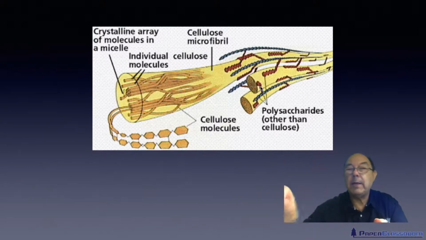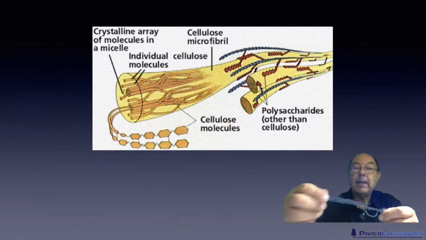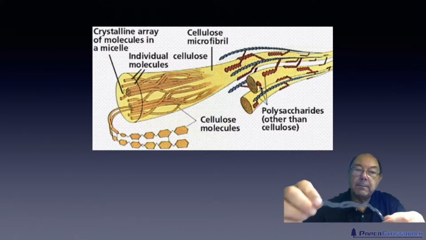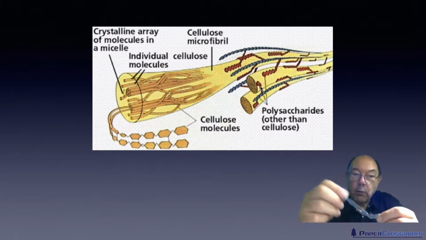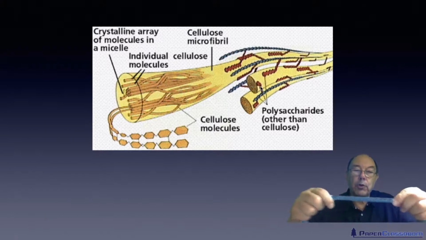It comes apart very easily. So nature understands that one chain of cellulose is not very strong. So what it does is it wraps lots of chains of cellulose around each other like this. This is what we then call the microfibril. And then just because nature's careful and likes to be doubly sure, it wraps all these microfibrils together to make an even stronger structure.